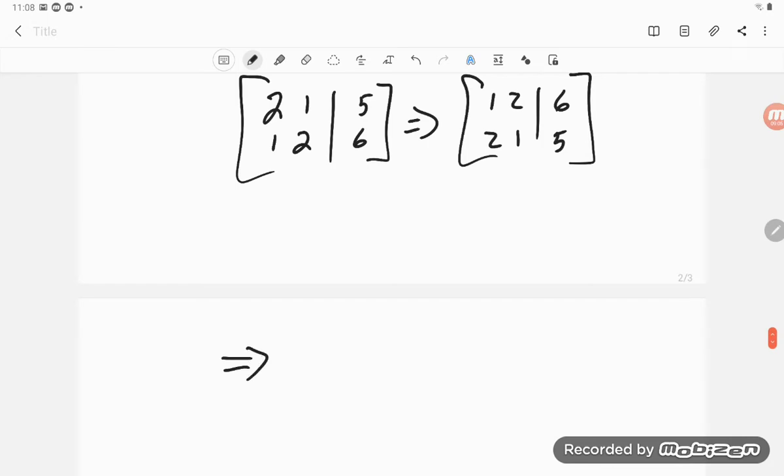Then the next thing I do is I'll take row 2 minus 2 row 1 and put that back into row 2. And so I get 1, 2, 6, 0, minus 4 and 1 is negative 3, and minus 12 and 5 is negative 7.